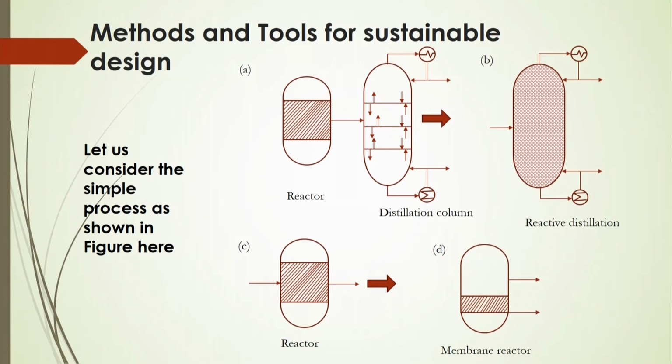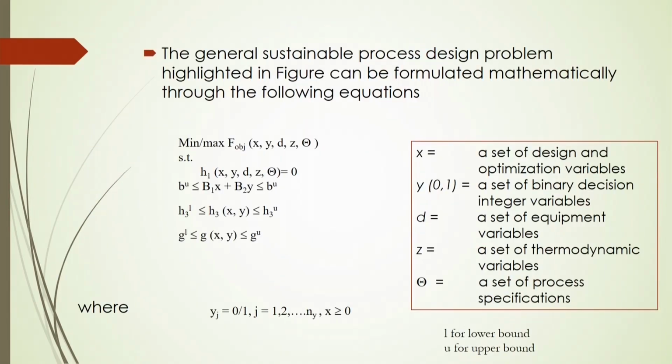And another example is reactor to membrane for the separation, that is, the membrane reactor. So, in this way, if we consider certain processes, to design a general sustainable process you have to formulate these things mathematically, and for that mathematical expression you have to consider the different parameters.